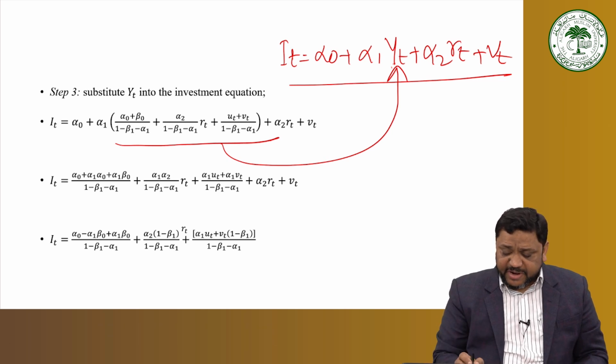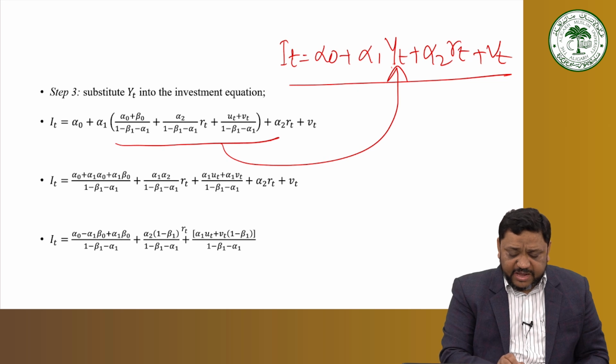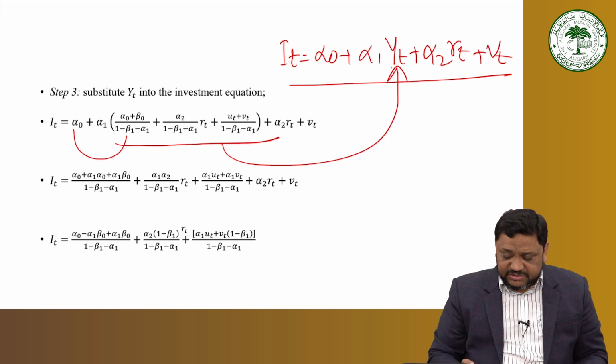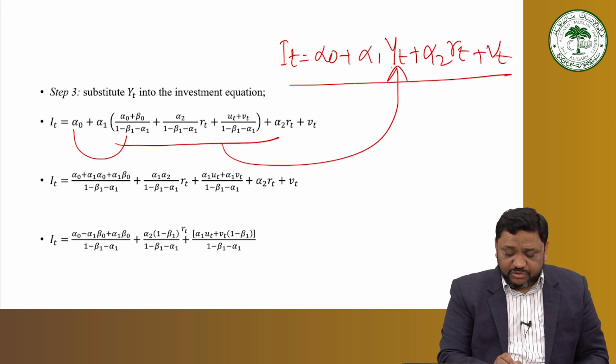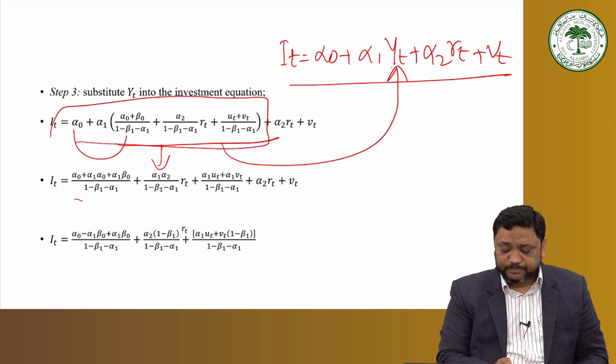When we open the brackets, we incorporate this also over here. So we open the bracket and take the LCM as and where required. So this term up till here is written in this format.